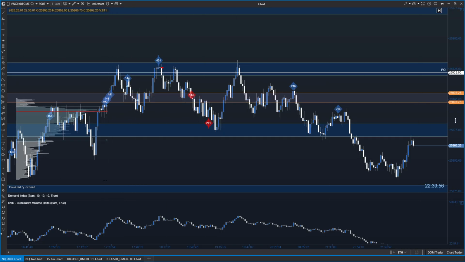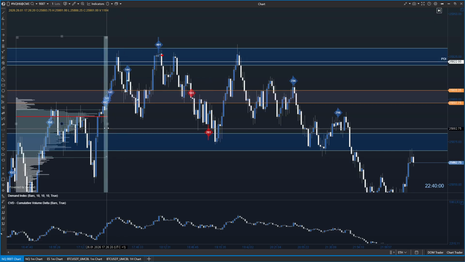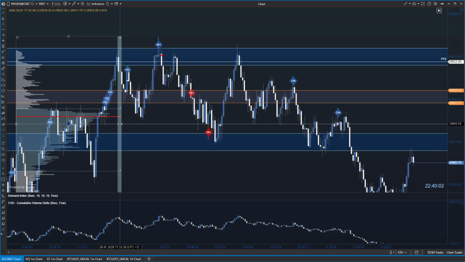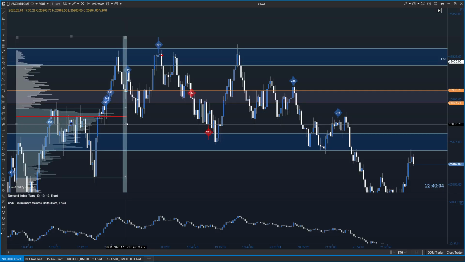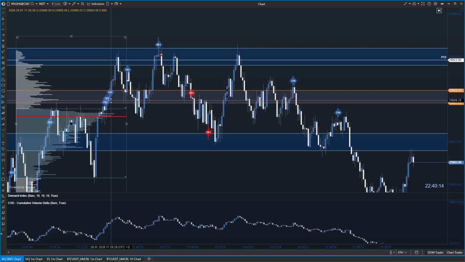So basically what I did here was I waited for the pullback, and you can also see the volume this time was around here. I want to see the pullback into these aggressive buyers, and here it comes to the point. Okay, if these aggressive buyers are not in charge anymore, the market will go down.